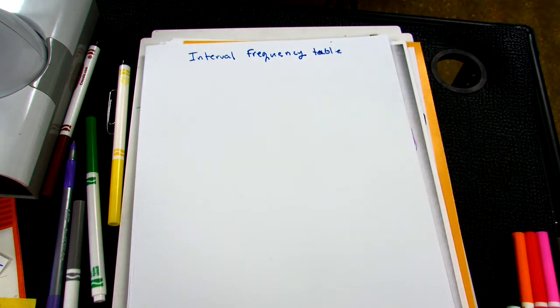You're not getting exact numbers. You're just getting intervals. However, if you have an extremely large amount of data, the interval frequency table is going to be the most useful for you. It's going to save you lots of time.